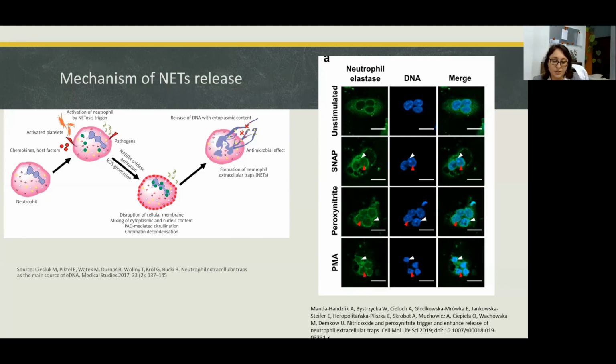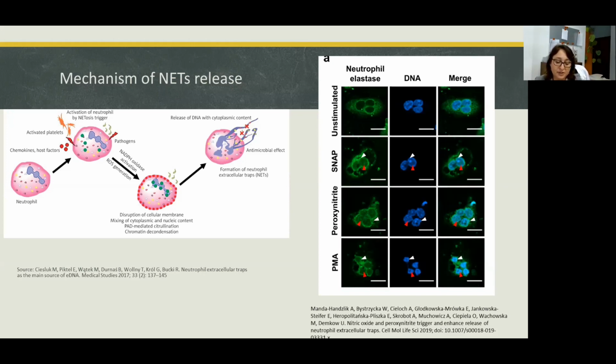Another stage of NETs release is citrullination of histones, and citrullinated histones H3 and H4 were found to be typical markers of NETs release. Histone citrullination by peptidyl arginine deiminase, the enzyme called PAD4, is a prominent post-translational modification in NETs that is induced by inflammatory state.